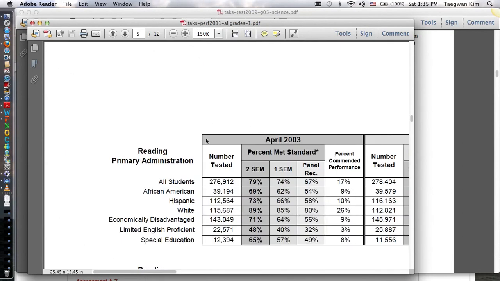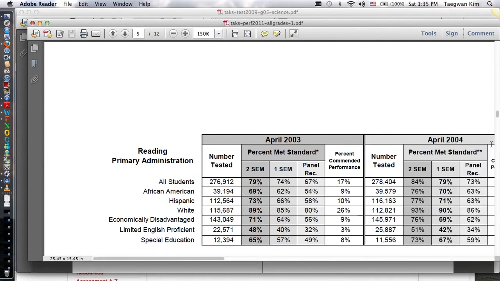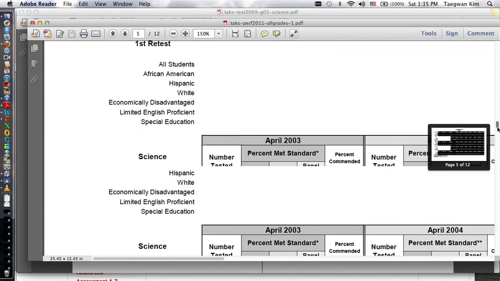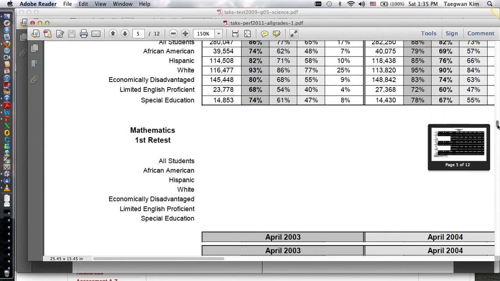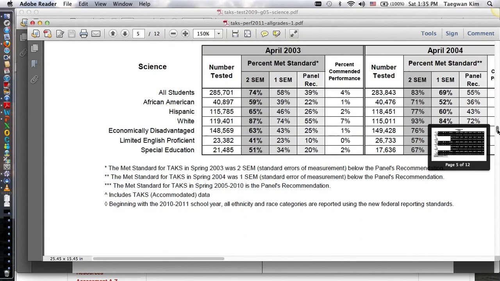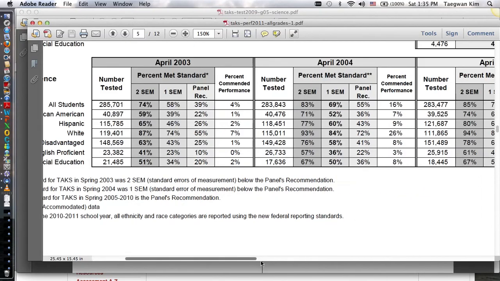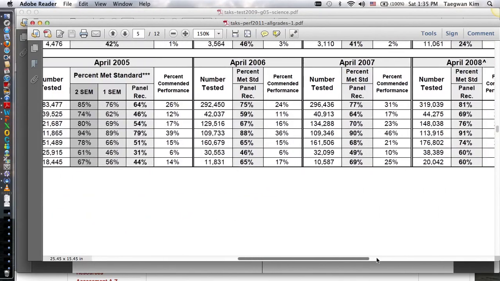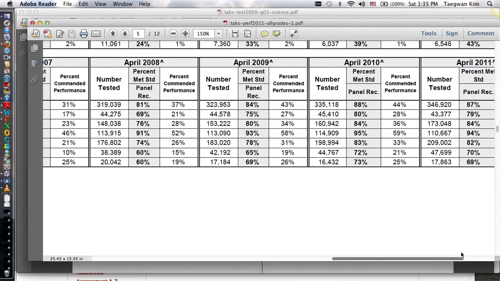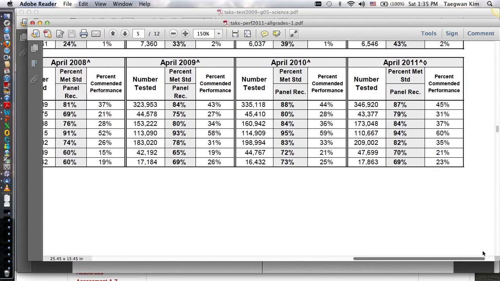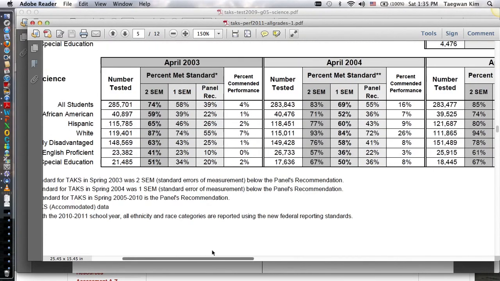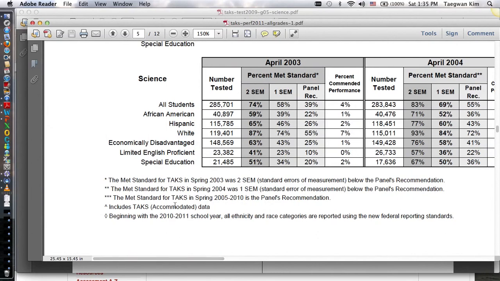Okay, see this one, reading. This one is for science. Let's see. It's 2003.